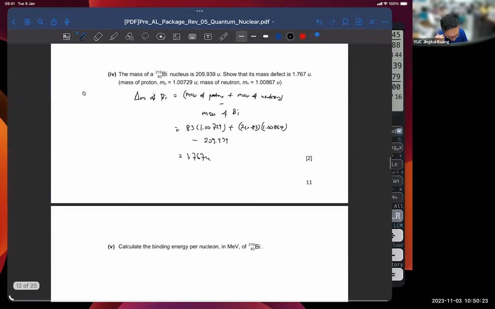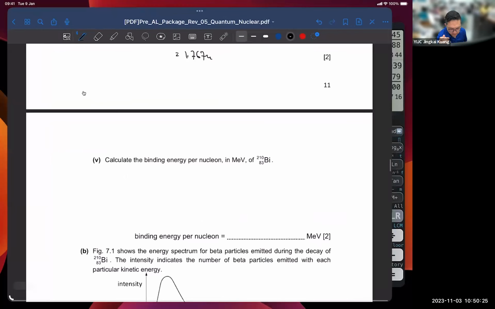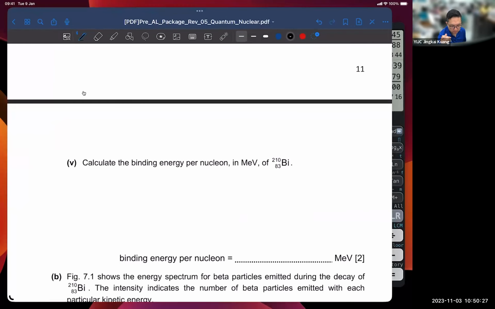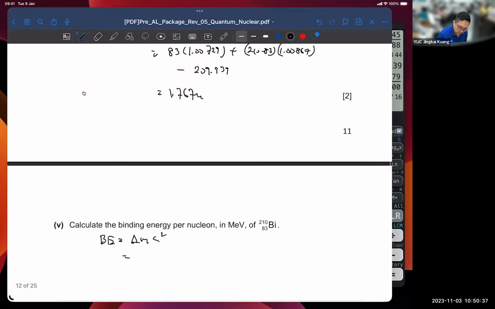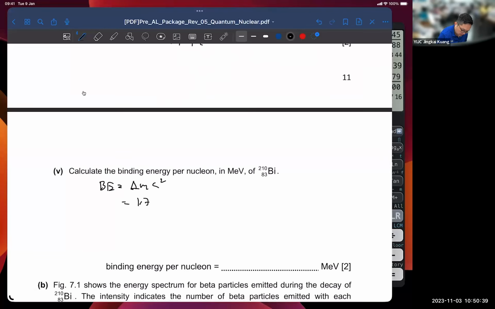Okay. Then calculate binding energy in terms of MeV per nucleon of this one. So find binding energy first. So binding energy is basically mass defect multiplied by C square. So this is 1.767 times 1.6 times 10 negative 19 times 3 times 10 power 8 square.